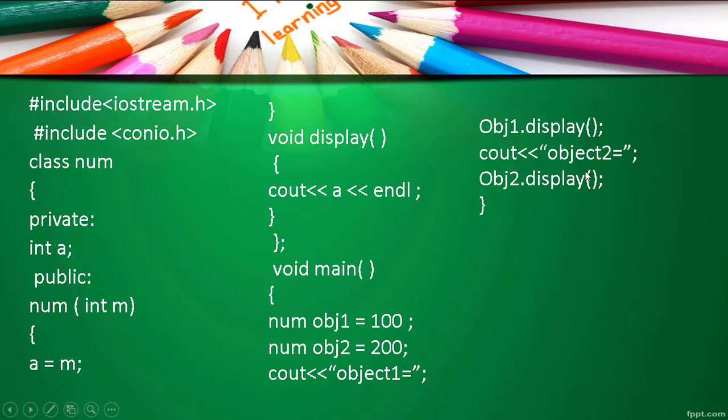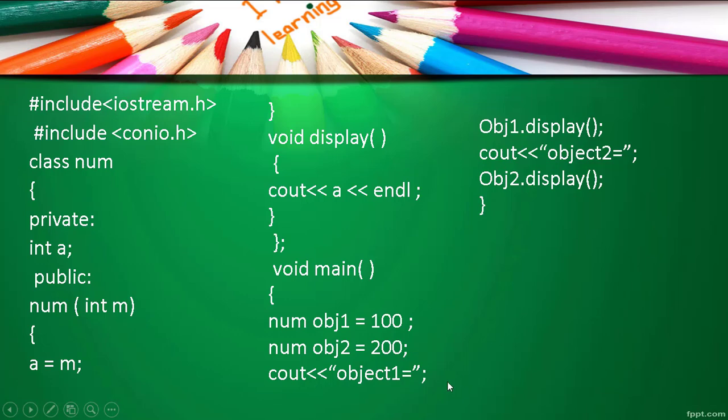In the same way, when we display object 1, the display member function will be called. And what is the value of A? The first time, when the object is created, the value 100 will be displayed. The second time, for object 2, 200 will be displayed.